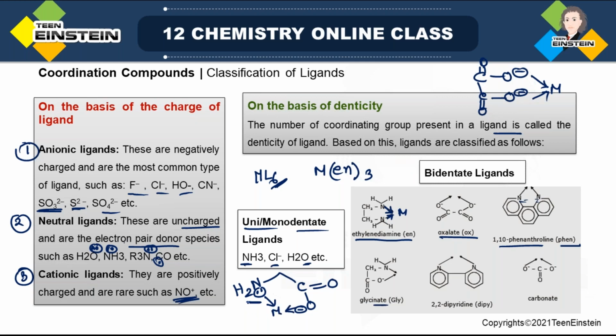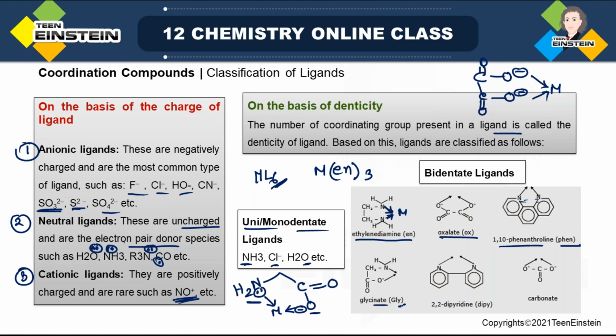One side you have neutral nitrogen, another side you have anionic oxygen, and this is glycinate. When it is neutral, that is, if you write it in the CO2H form, the name will be glycine. But when you have removed H and you now have O minus, the term will be glycinate.